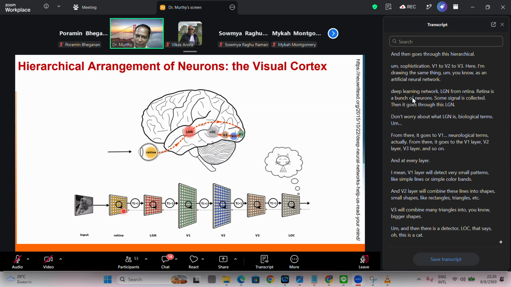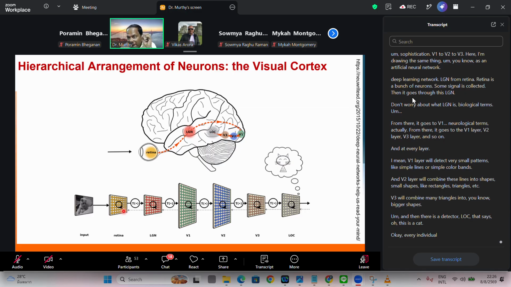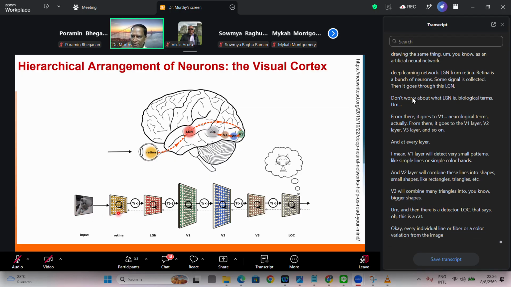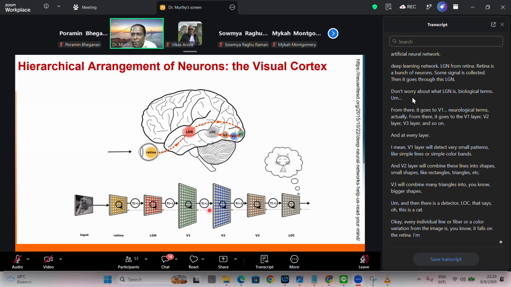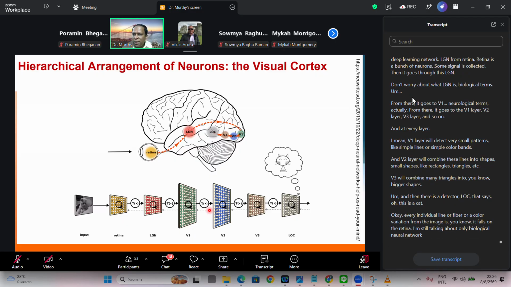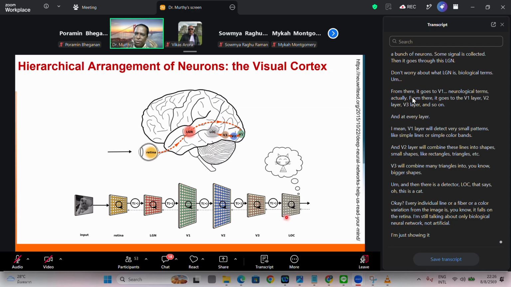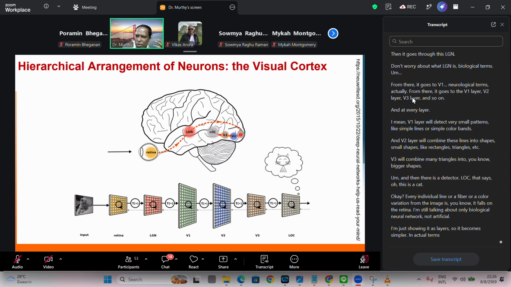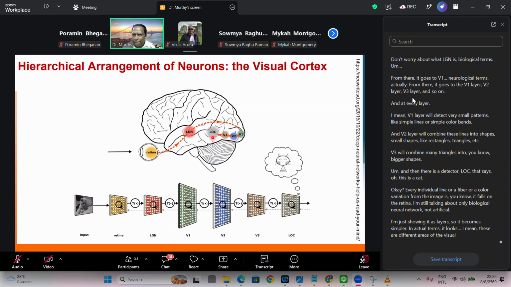Every individual line or fiber or color variation from the image falls on the retina. I'm still talking about only the biological neural network, not artificial. I'm just showing it as layers so it becomes simpler. In actual terms, these are different areas of the visual cortex.